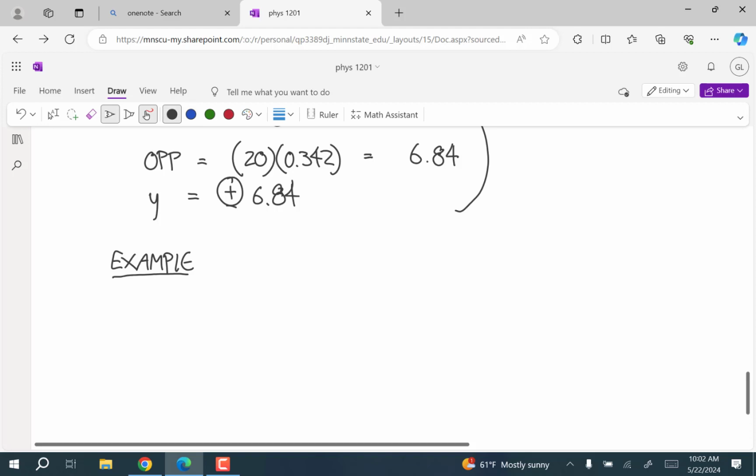So this time, if this is our coordinate system, our point P is going to be here. And we know that the distance from the origin to P is 5. And we know that this angle is 50 degrees.